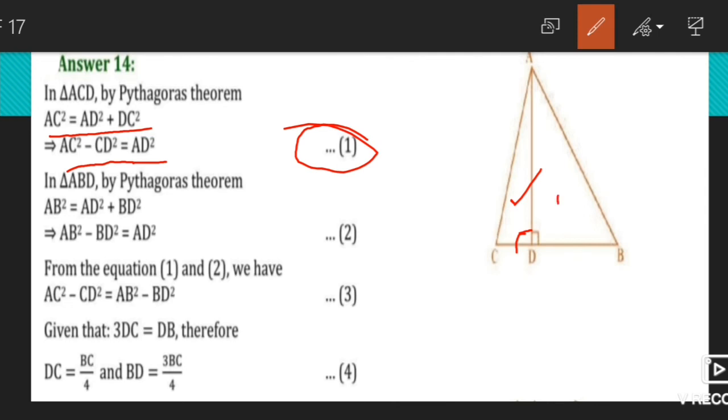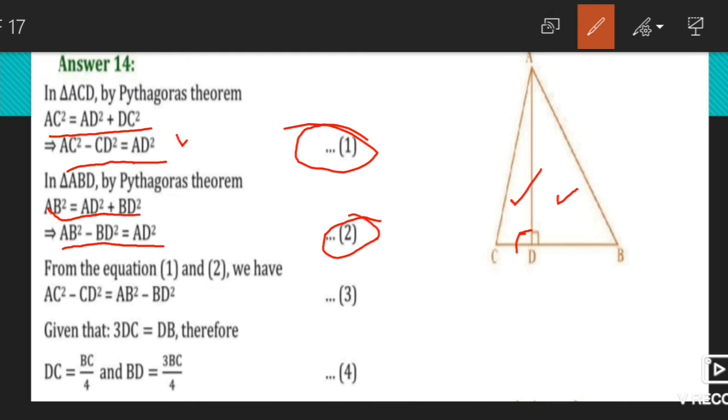Again, if you take this right hand triangle, that one is also a right angle triangle and you can use Pythagoras theorem on it and write AB square is equal to AD square plus BD square. Again from here you can find the value of AD square and mark this one as equation number 2.